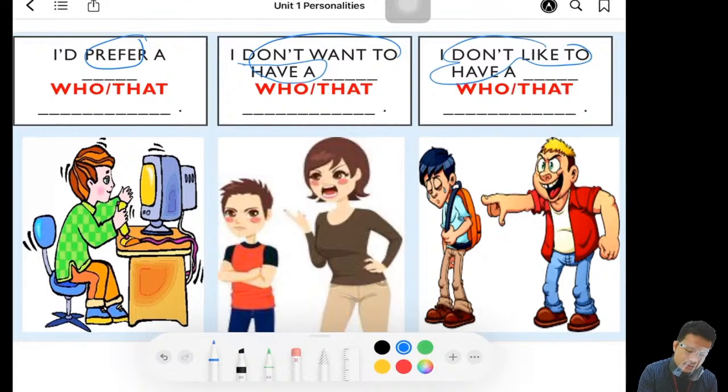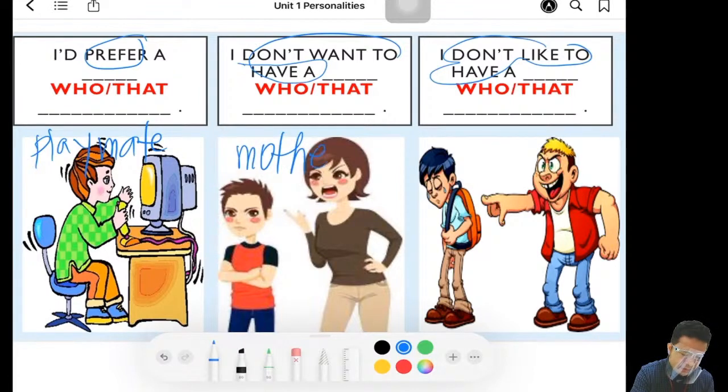This is a picture of your playmate playing ROV or Mobile Legends or any video games. This one is your mother, our mother, and this one is, of course, your classmate. And take a look at the behavior.